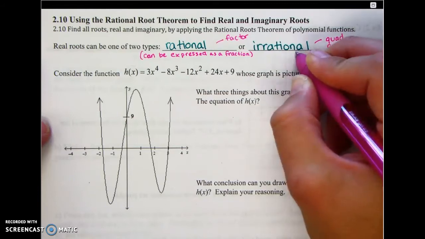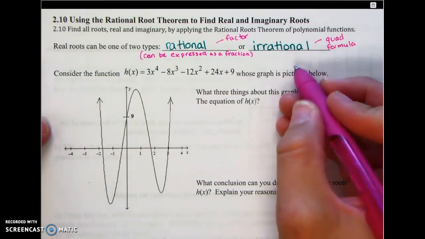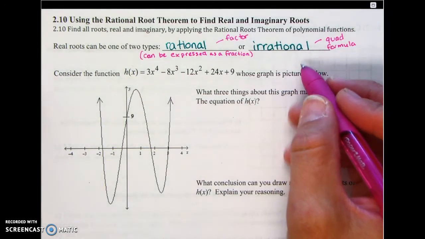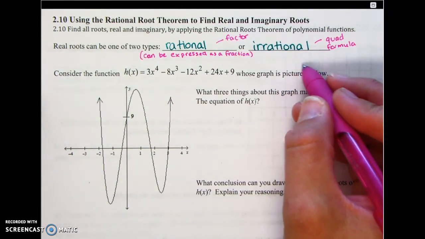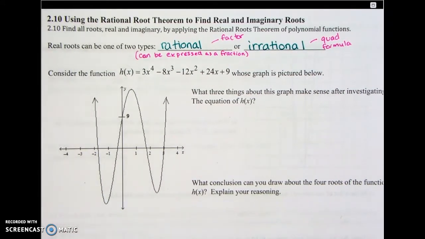Irrational means it can't be expressed as a fraction, so it's going to be your square root of 2, square root of 3, square root of 5, square root of funny numbers, okay? Non-perfect squares.